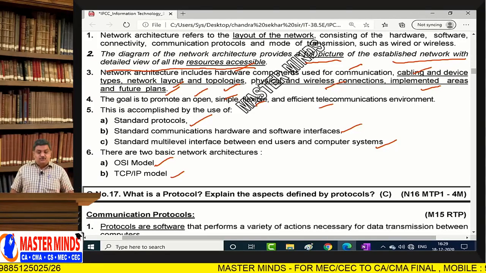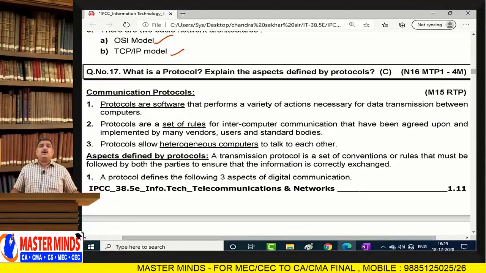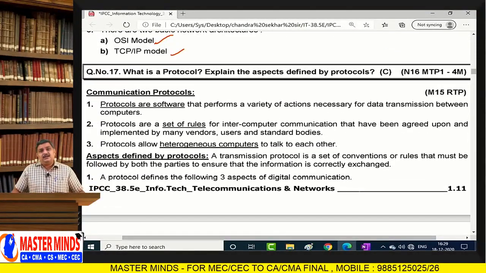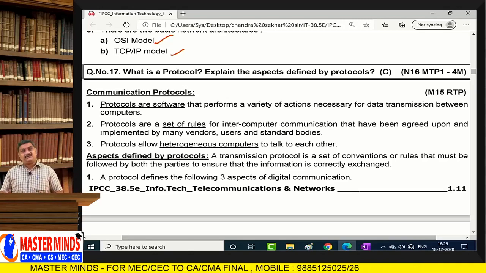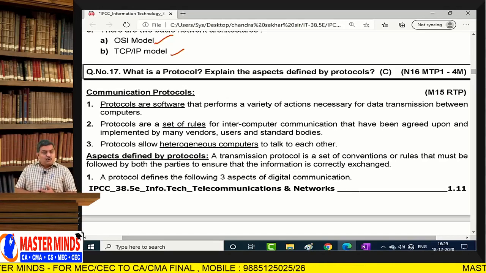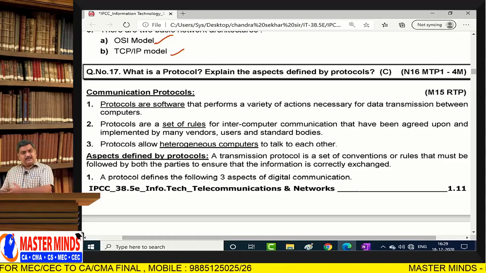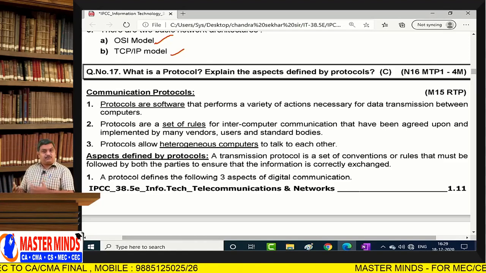And now there are two basic network architectures, OSI model and TCP/IP model. Generally, all our laptop and desktop internet connections follow the TCP/IP model, Transmission Control Protocol, Internet Protocol. That is the model which we generally follow. And in smartphones, in mobiles, we use WAP protocol, Wireless Application Protocol.